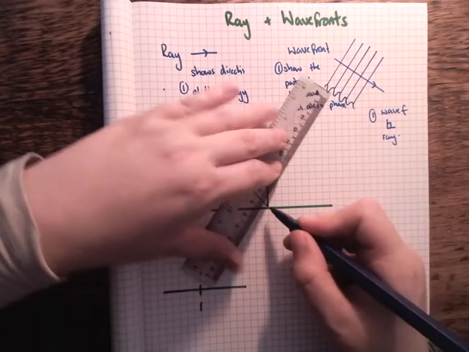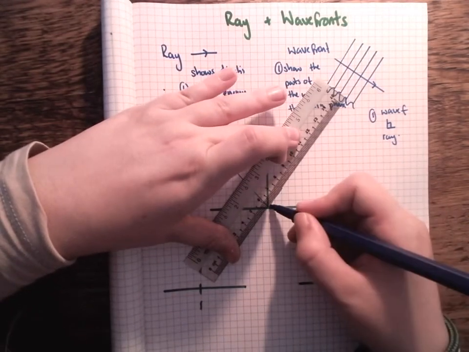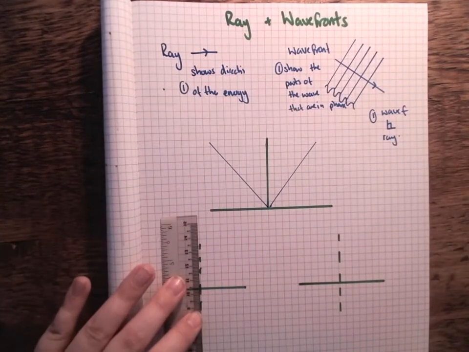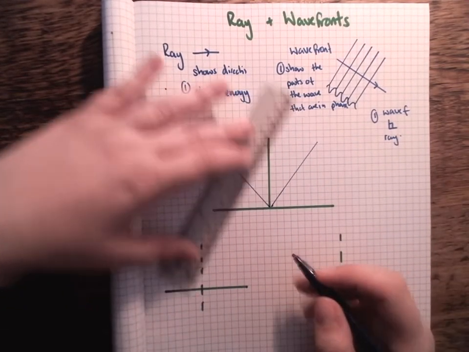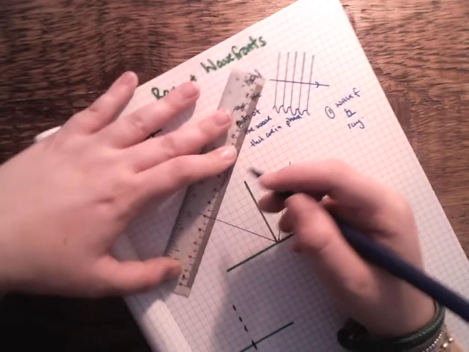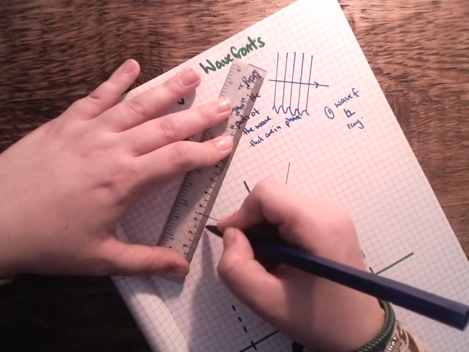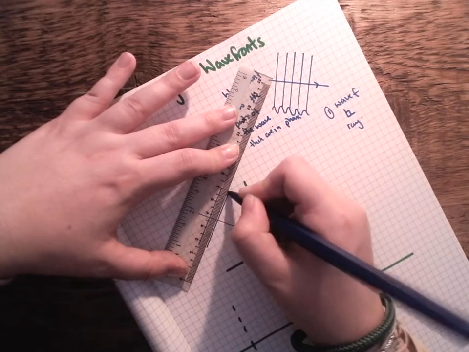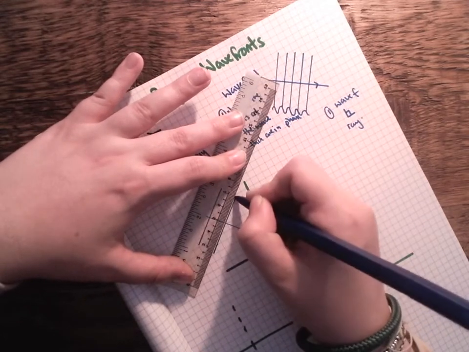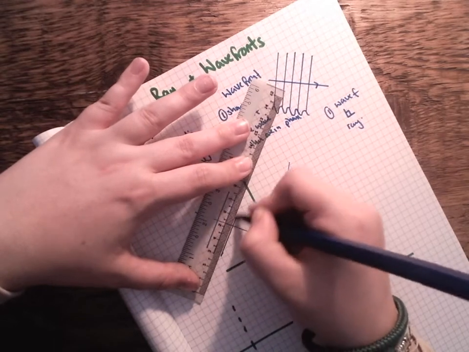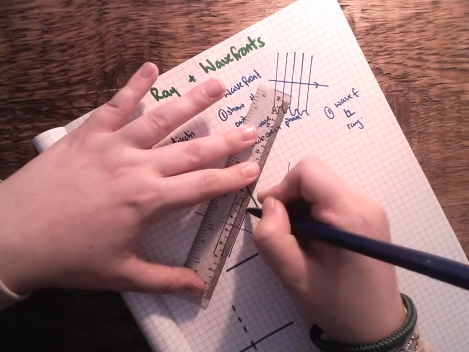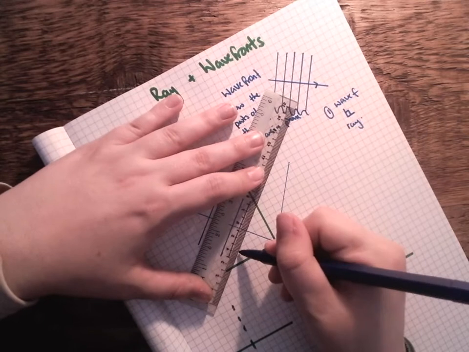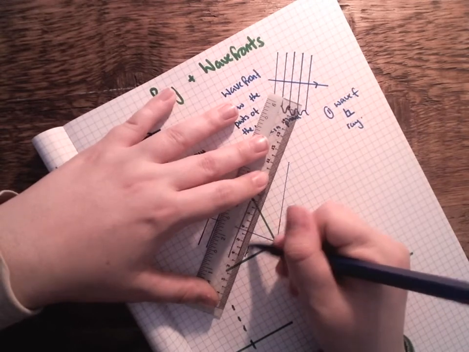All right, so if we were doing a reflection diagram, our simple ray diagrams are usually the ones that we do like this, with our angle of incidence and our angle of reflection. If I was to draw the wavefront diagram for this, I want to make sure that it's at 90 degrees. I'm just going to draw my series of wavefronts coming all the way in, using my ruler to measure this.